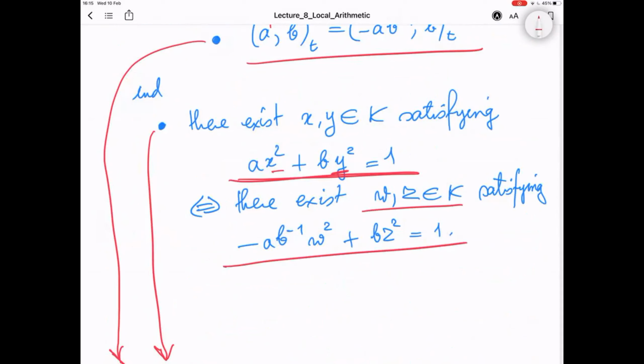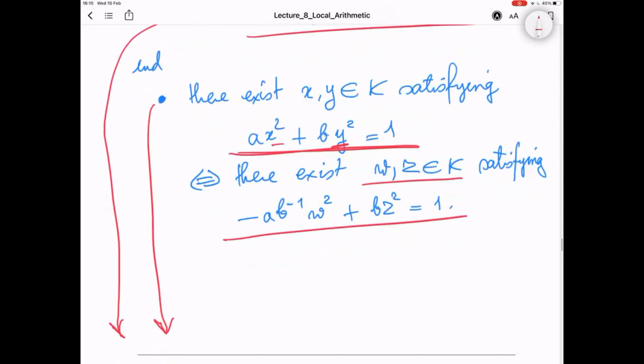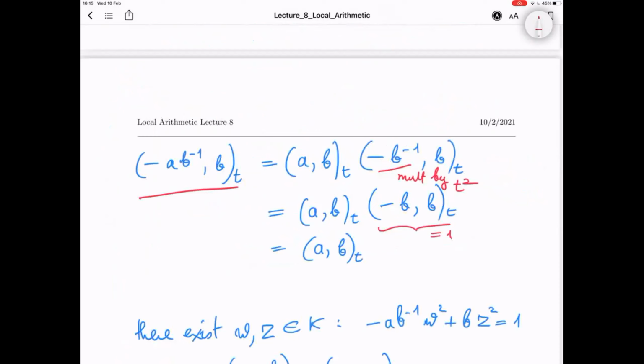That's what we need to check. So here's the checking for the first one. This Hilbert symbol, I just expanded by multiplicativity to get this here. And then I can multiply this by b squared to get this here, but this is always equal to 1. So this Hilbert symbol is equal to this one.